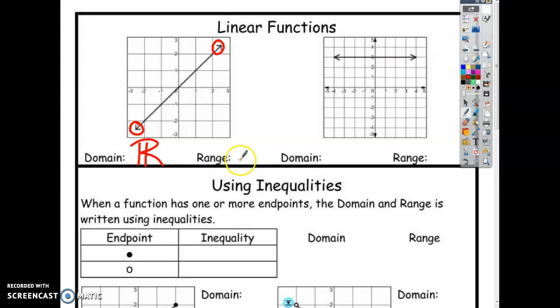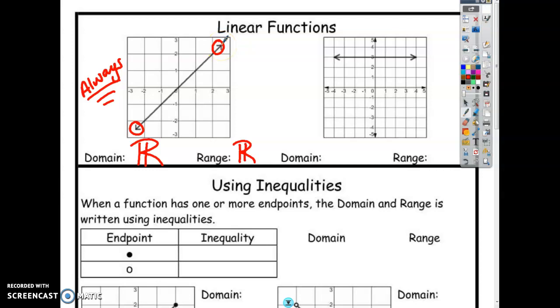Range, because it's going to go down forever and ever and up forever and ever, it's going to be the same thing, all real numbers. Domain and range for a linear function like this that has arrows on both sides will always be all real numbers, always. Okay, because it has the arrows going on both sides.